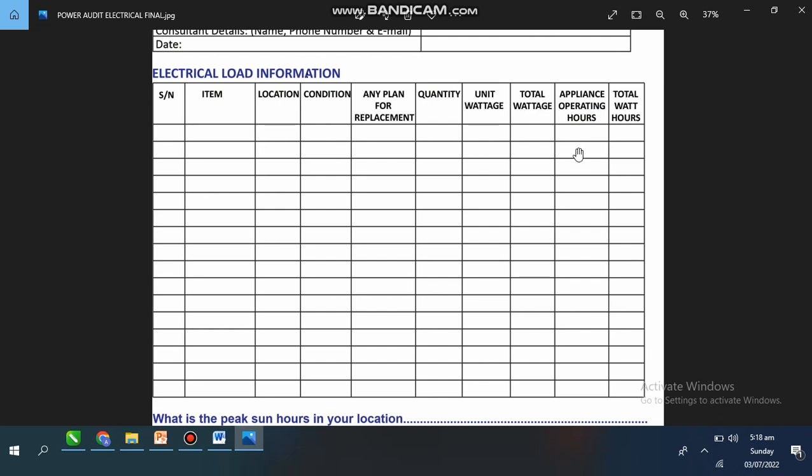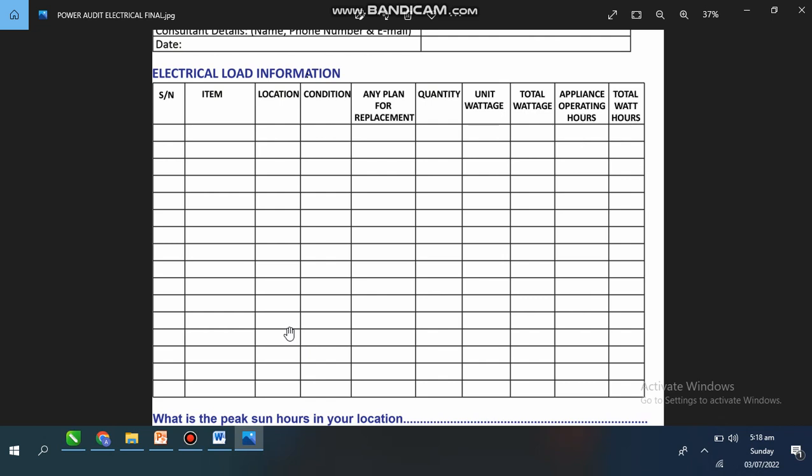So you have to include that. Total watt hour: the total wattage multiplied by the appliance operating hours will always give you the total watt hours of each electrical load. So this row, you have the total watt hour. This particular row you equally have. So you sum all the total watt hours and you have an answer to it.